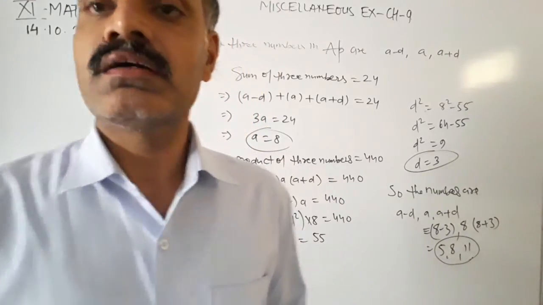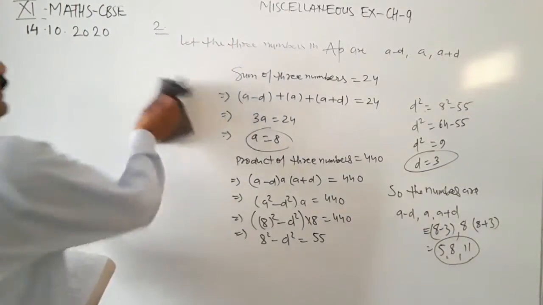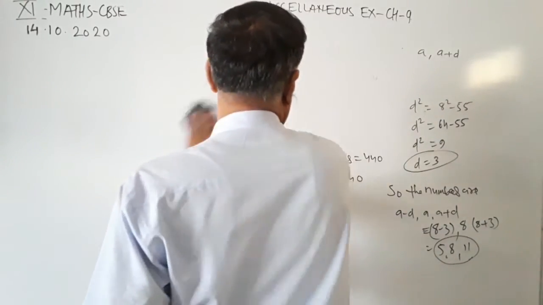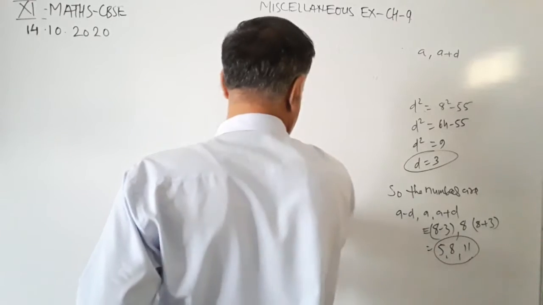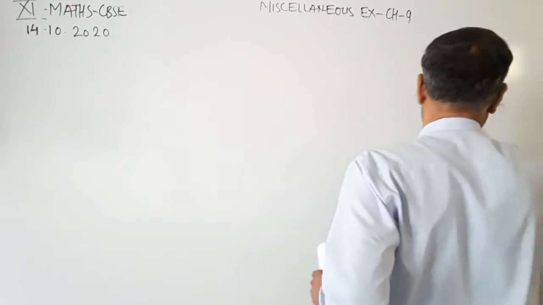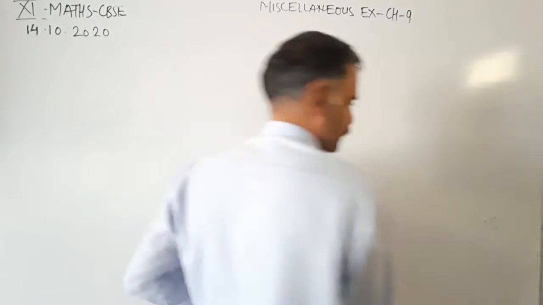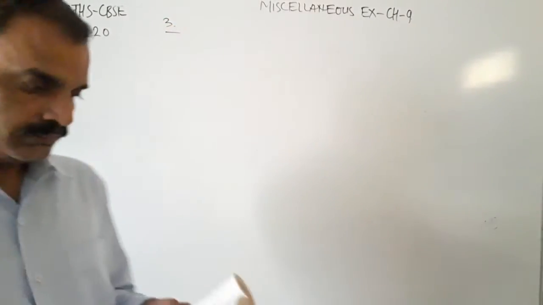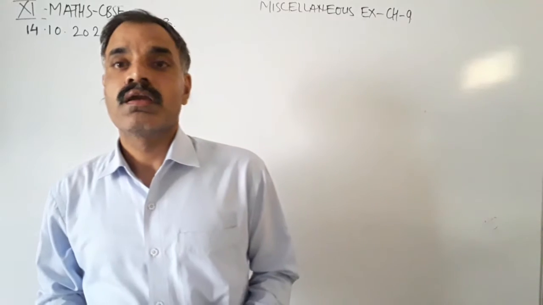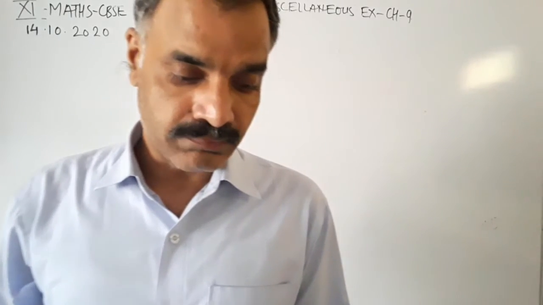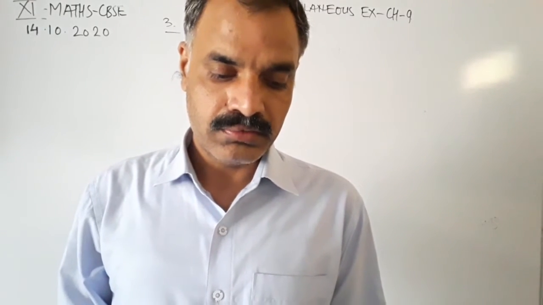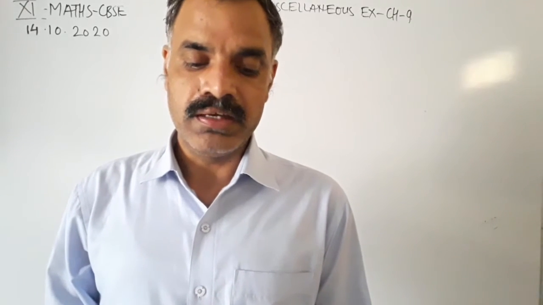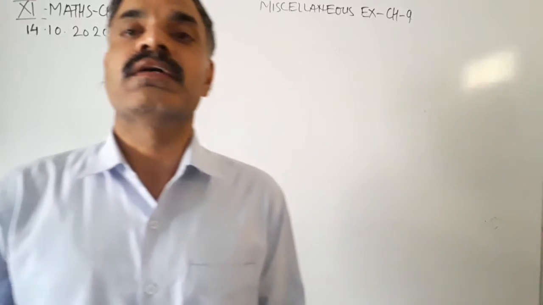Now question number third of the same exercise. Question number third is: let the sums of n, 2n and 3n terms of an AP be S1, S2 and S3 respectively.